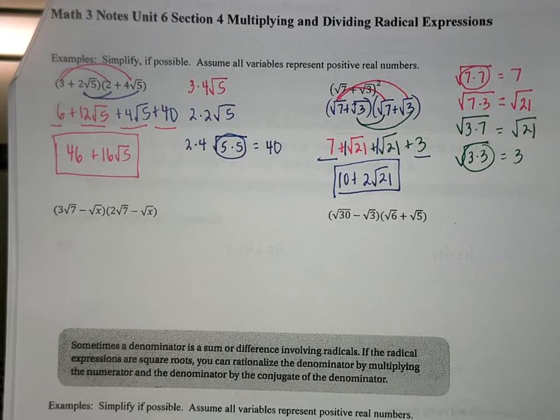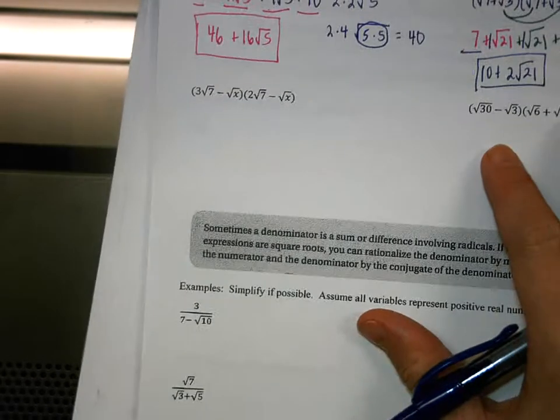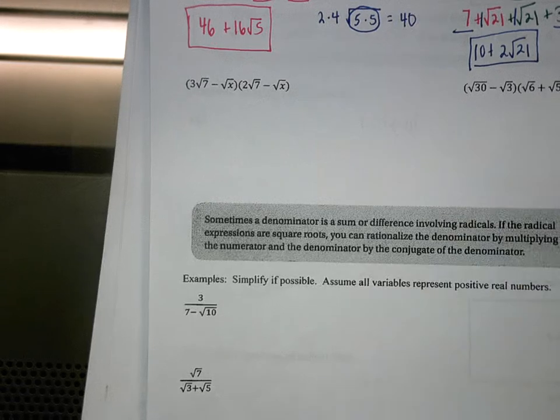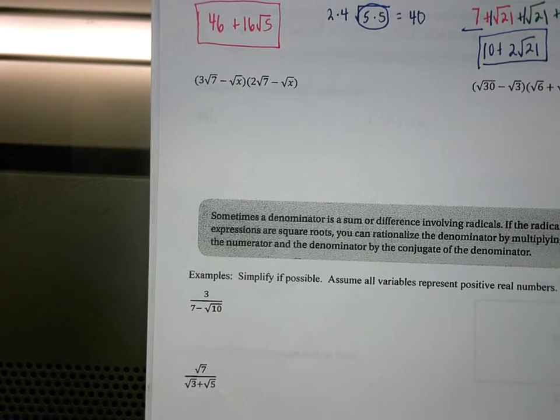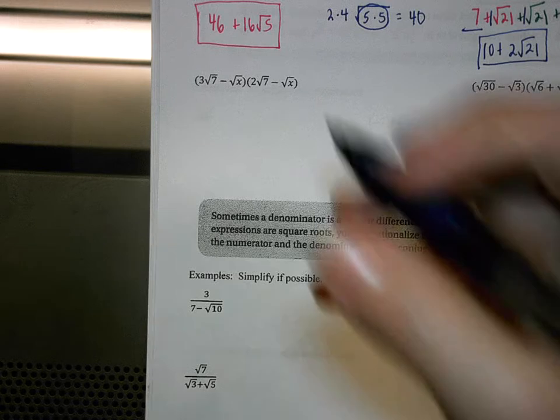Okay, questions? All right, so on this next one, what do you notice about it? There's some variables, right? But we just treat them the same way as numbers. So again, we're just going to distribute.